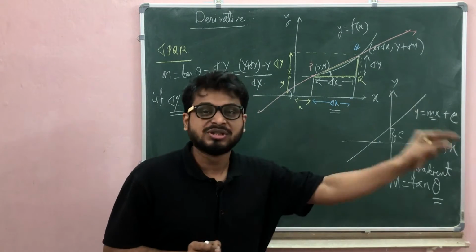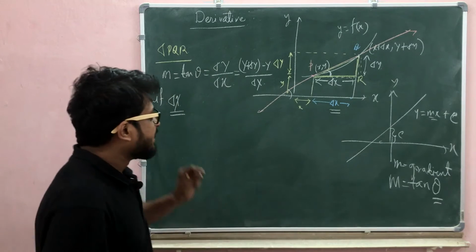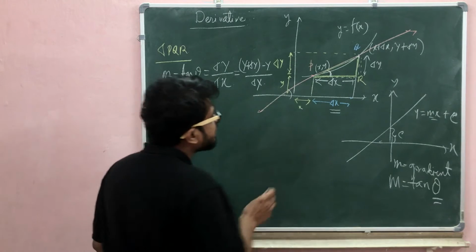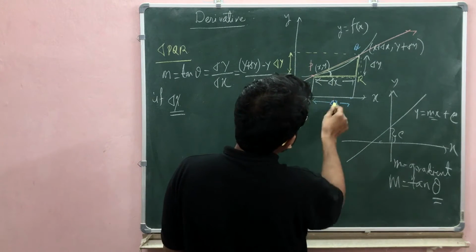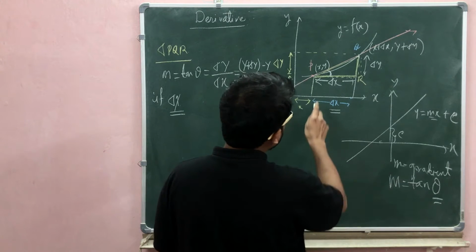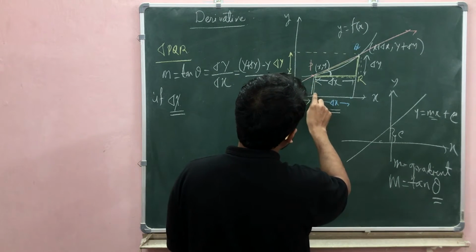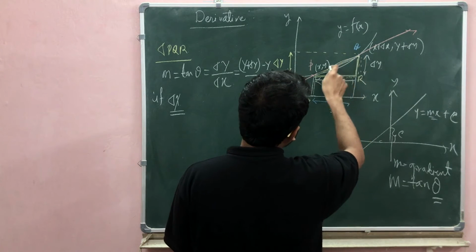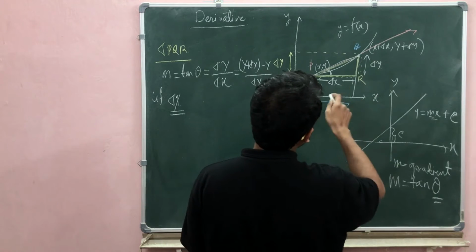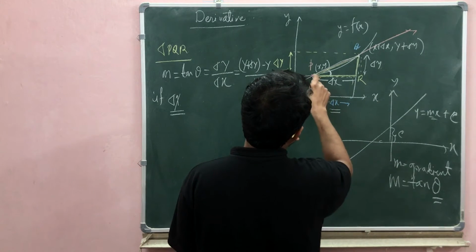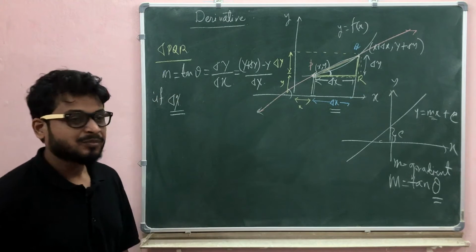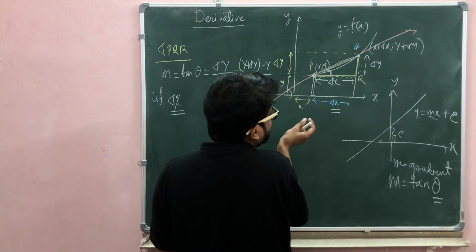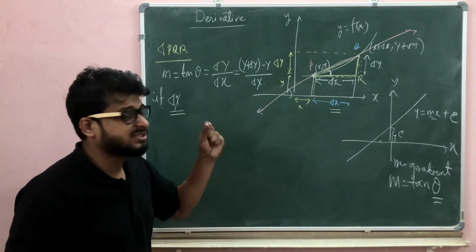It is approaching 0 but not 0. The mathematical term for approaching 0 is called a limit. See in the graph, if delta x is very small, this pink color straight line looks like a tangent at point P. So this is the tangent at point P when delta x is chosen very small, almost 0.